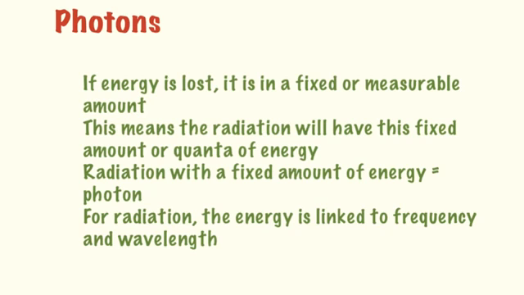So if we then transfer this whole idea through, we can see that because we've got fixed energy differences between the energy levels, and the fact that electrons can move between these energy levels if we provide that energy into them, then what they actually do is they release a fixed amount of energy back out.